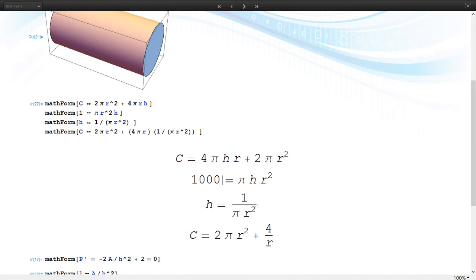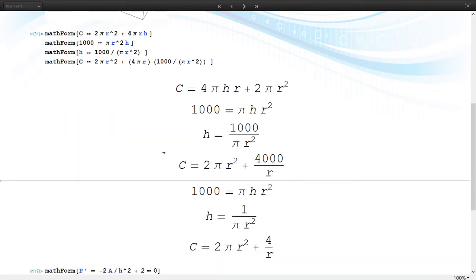I bet it looks adorable. Let's make this 1,000. And that means that this is 1,000 over pi r squared. And this is also 1,000 over pi r squared. There we go. I will delete these.